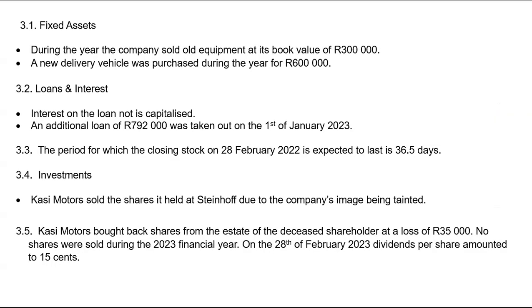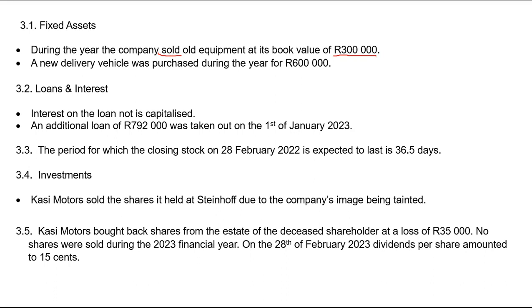They tell me that the company sold equipment at its book value, which is that 300,000. So I will take that 300,000 and put it under investing activities as proceeds from the sale of equipment. And then they say the company purchased a vehicle for 600,000.